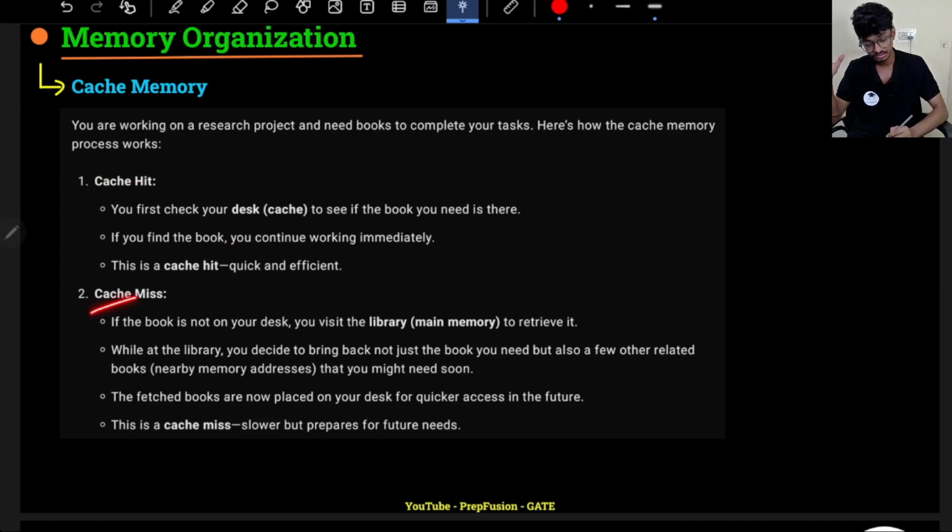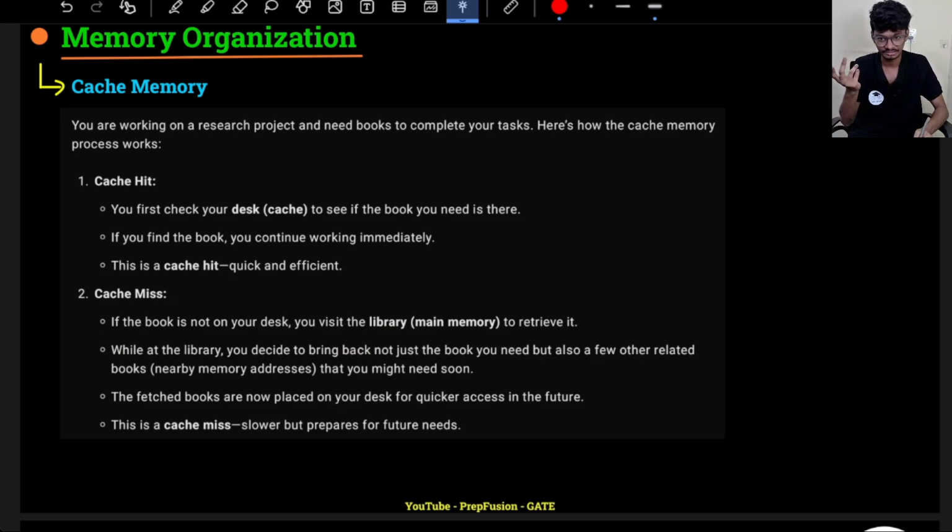Now what is a cache miss? Cache miss is if the book is not on your desk, you visit the library and then retrieve it. So you visit the library, and either you meet a friend and start talking, or, let's say, when you were at the desk your phone was silent, but in the library your phone was on the general setting, so a call came from your girlfriend or boyfriend asking what you're doing.